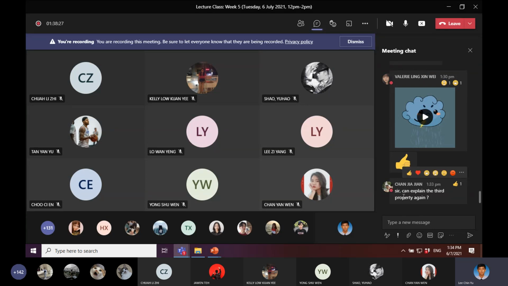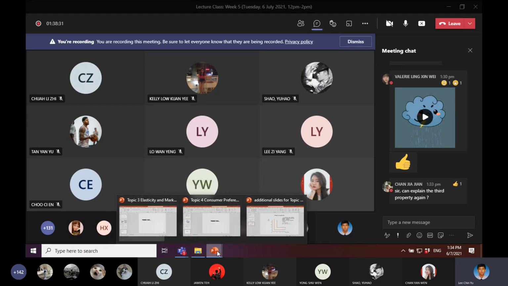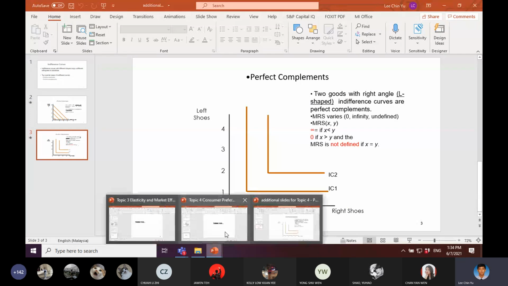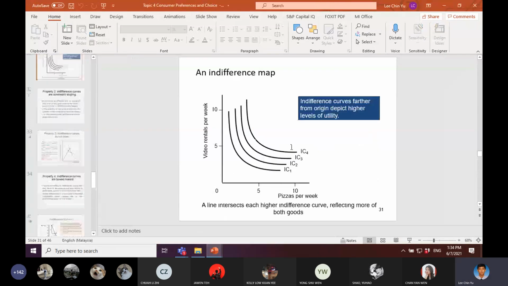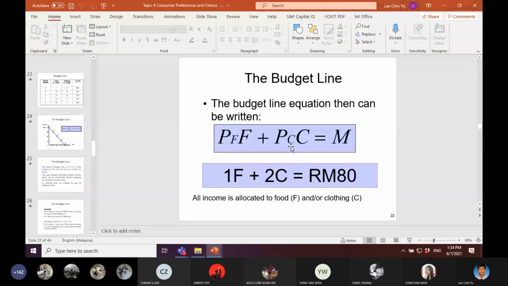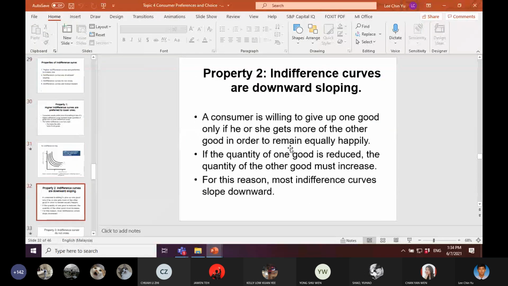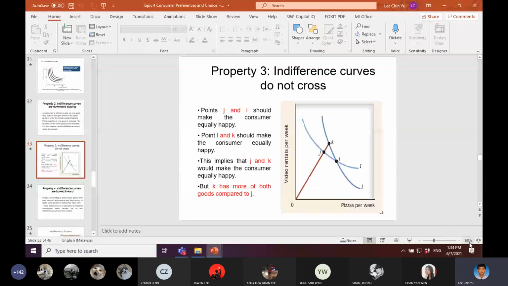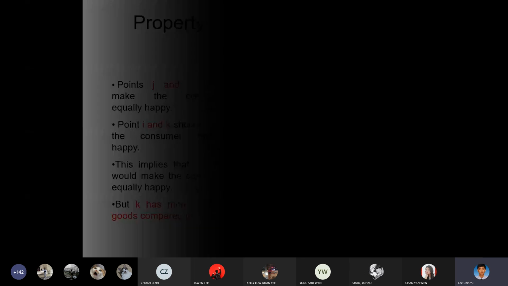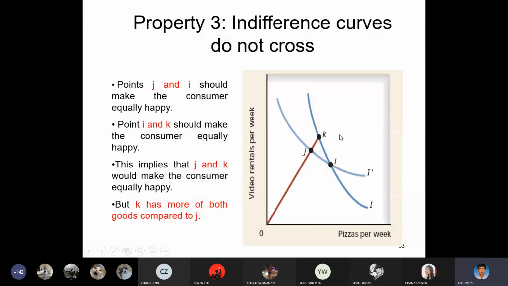Now we have a student who asks, can you explain the third property again? We go for the third property. From the first property, we understand that more is preferred to less, because more gives you more utility.